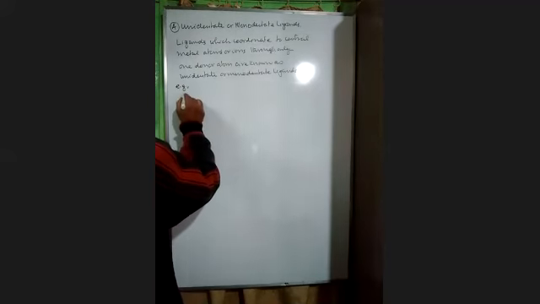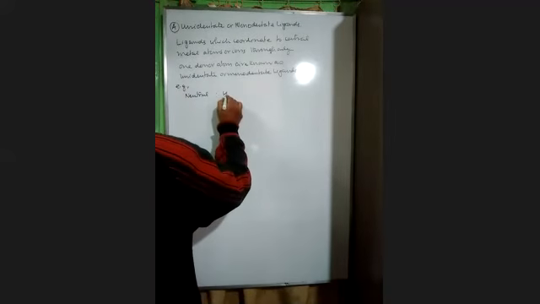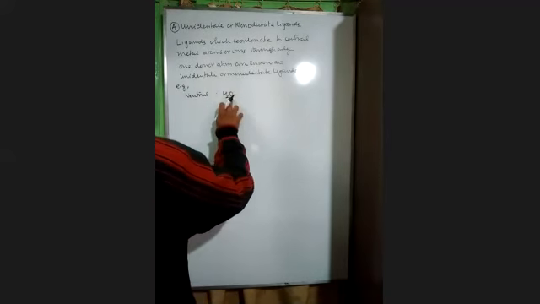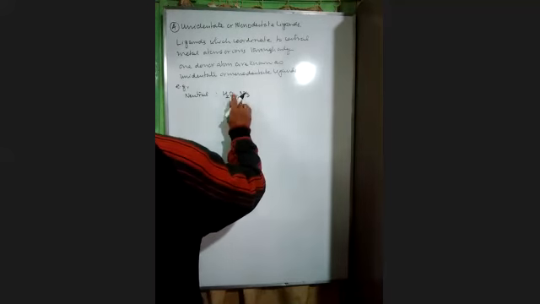So now we'll write examples. Neutral. Water, it will bind through oxygen. Then ammonia, it will bind through nitrogen.